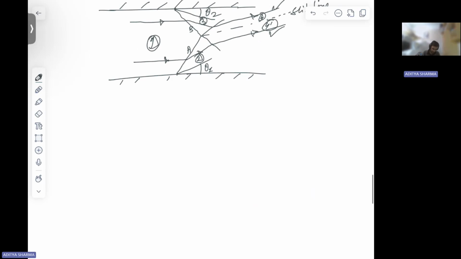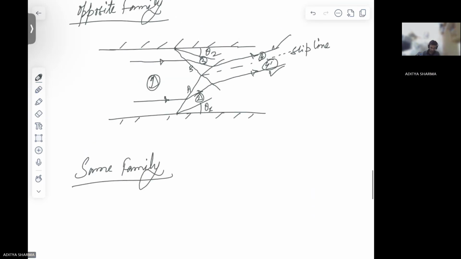Then for your same family, so same family means there will be oblique shocks that will be either left running or either right running, right? So this was left running, this was right running.